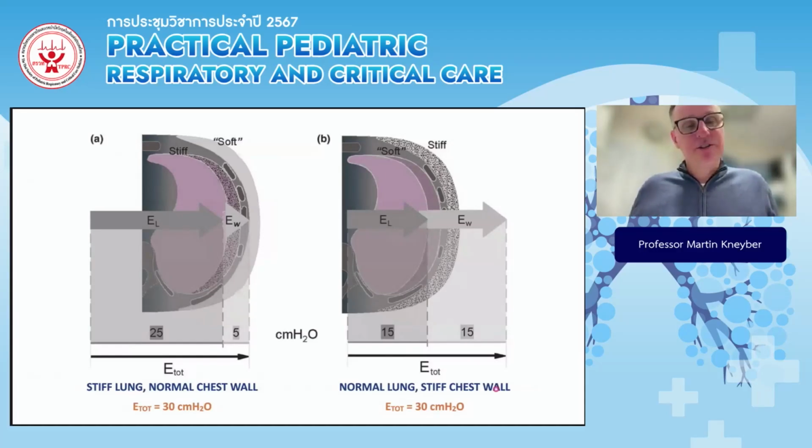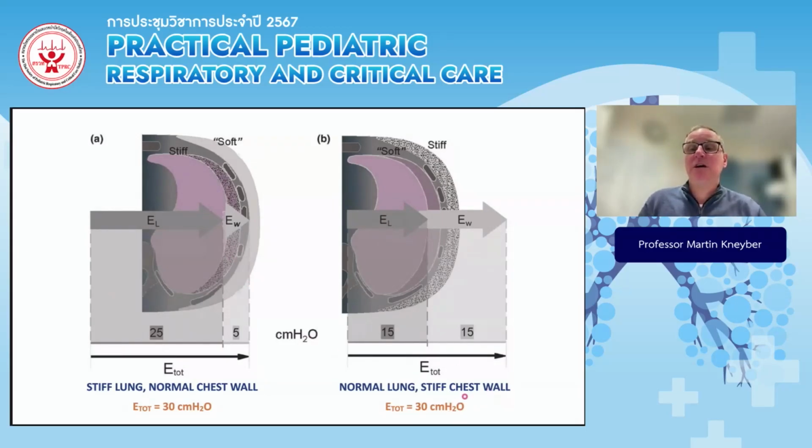Now, the problem with driving pressure is that it ignores the chest wall, and this is a slide that I showed yesterday in the workshop as well. Here I have two patients, both with a similar elastance, so a low compliance. But in one patient, this is mainly due to a pulmonary ARDS. The lung is very stiff, whereas the chest wall is relatively soft.